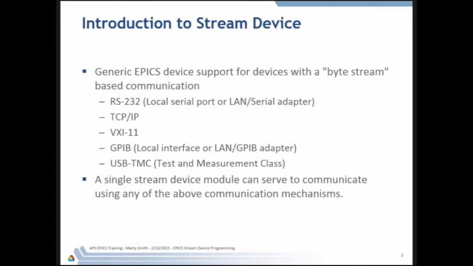So basically, EPICS StreamDevice is support for byte stream-based communications to these types of devices. By byte stream I mean ASCII string-based communications, such as RS-232, GPIB, TCP/IP, and so forth. So you can talk to any of these types of devices using StreamDevice.